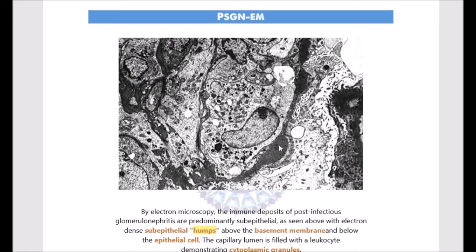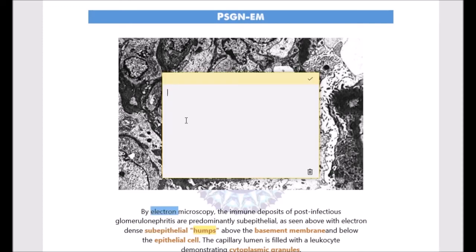These electron-dense subepithelial humps, the words humpy, lumpy, are the PSGN. If I make once again a box, PSGN, just say the word, that's really important: P for humpy, bumpy, and this is nothing but the subepithelial.